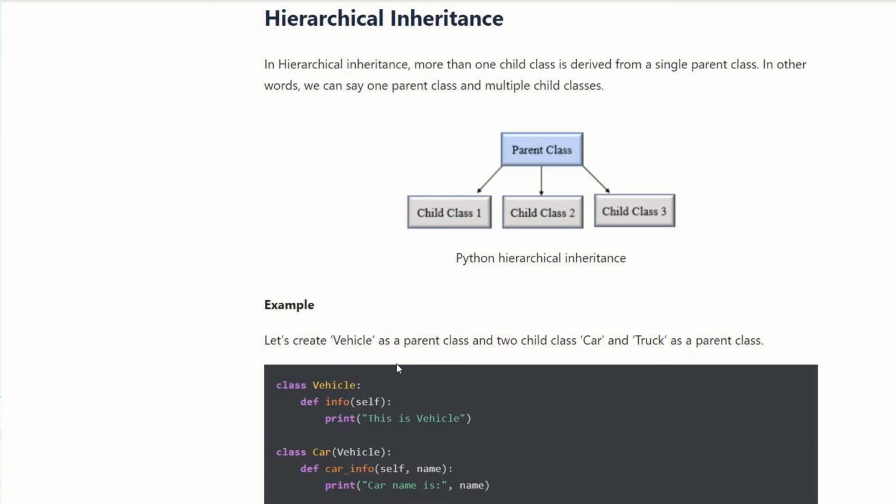Sa multiple inheritance, one child class and then there are multiple parent classes. Sa hierarchical inheritance, usa ka parent class but daghan siya child class. Hierarchy, okay? Hierarchy. So parent class daghan siya mga anak, okay? So there's hierarchical inheritance.